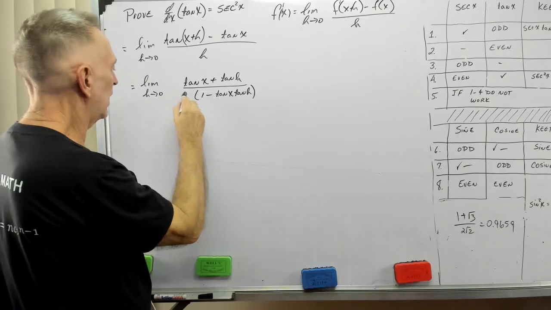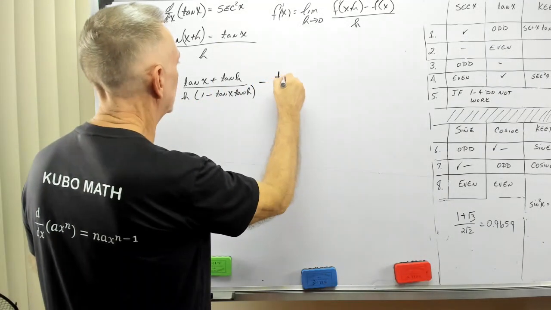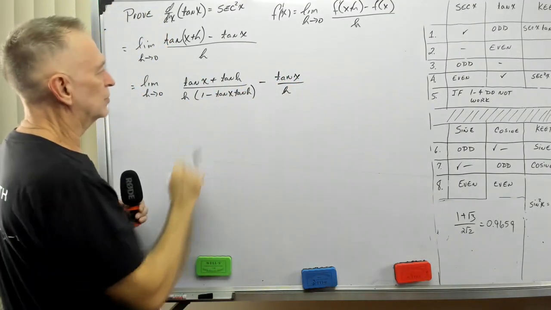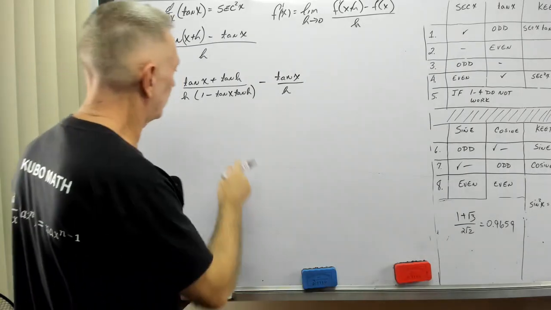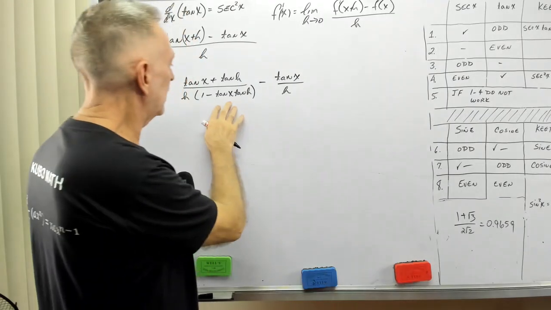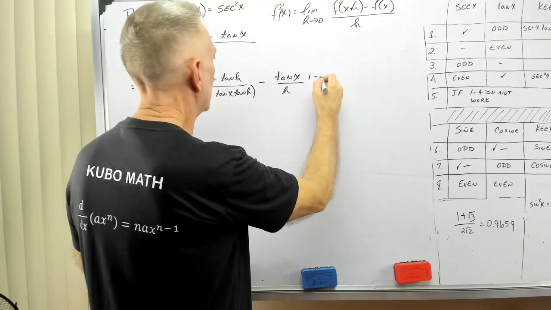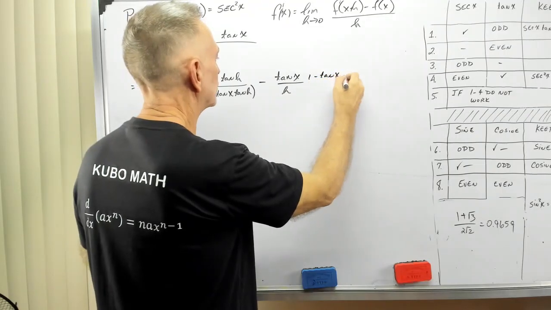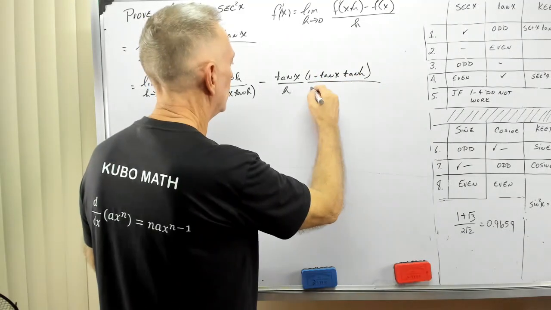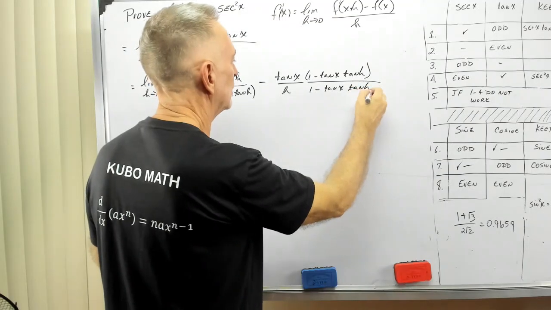But it's all over h, so I'll put an h here, minus tangent x. It's also over h, so I've kind of separated the two. The reason is that now I need to get a common denominator. So let's multiply this other side by 1, but my 1 is 1 minus tangent x tangent h over 1 minus tangent x tangent h.